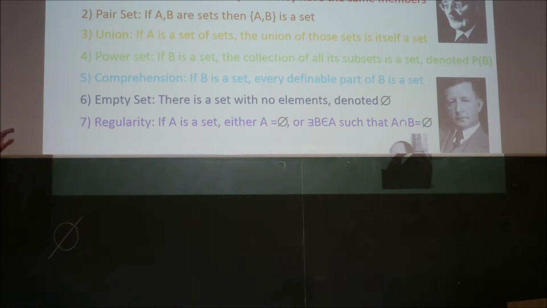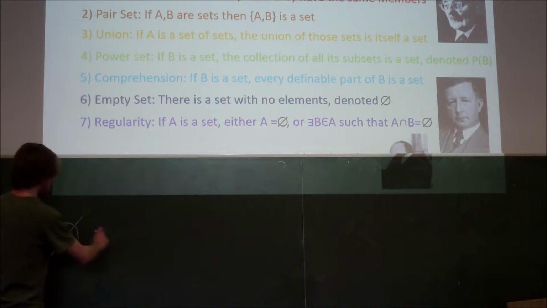All the other axioms take the form, broadly speaking, if this thing is a set, then this thing is a set, or if this collection of things are sets, then these things are also sets. We apply those to the empty set, and gradually we'll build up this spider's web of things.